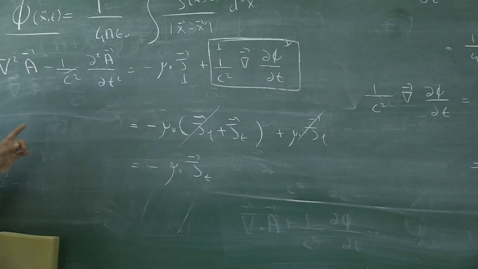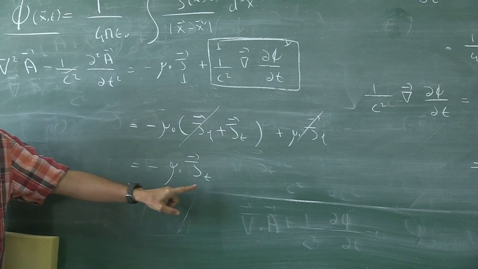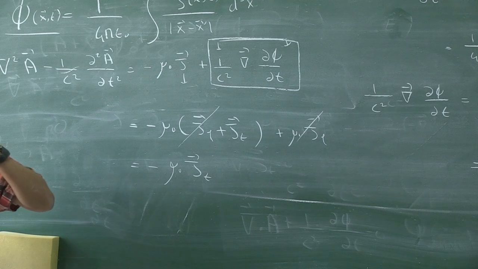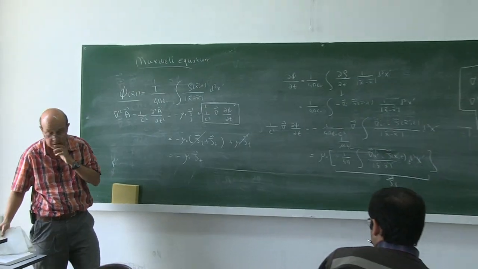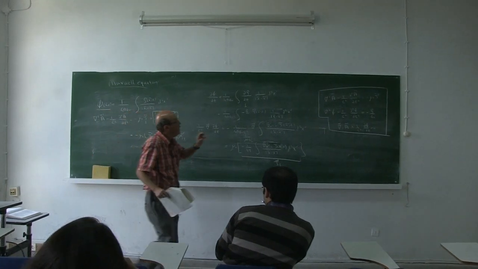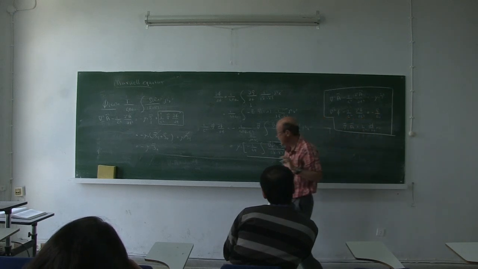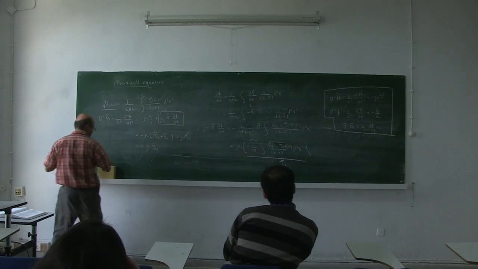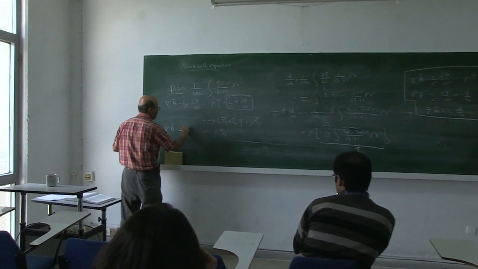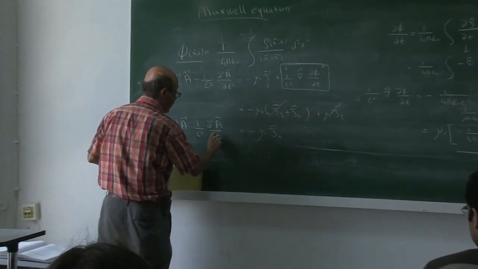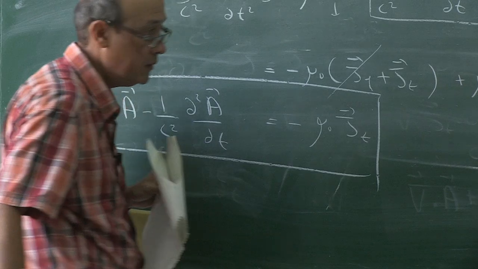But what does it tell us, this equation? We have the non-homogeneous wave equation, and the source of this non-homogeneous wave equation is the transverse components of the currents. So in the Lorentz gauge, you have the full current density and the full charge density, but in that case, you will end up with the non-homogeneous wave equation, but the source is the transverse current density.